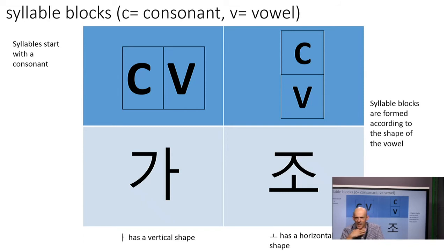On the other hand, if you have a vowel with a horizontal shape like o, which you see in the second syllable block, jo, then the consonant will appear above it, so in a vertical format. And this will be the same for all other vowels with horizontal shapes, so u, eu, and so on.